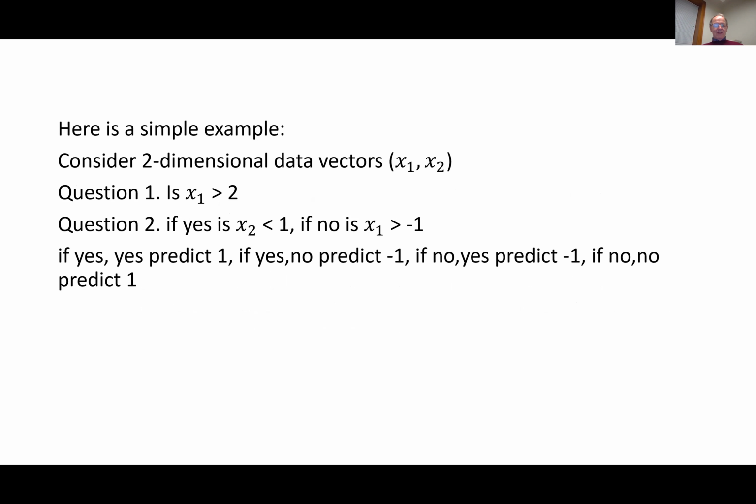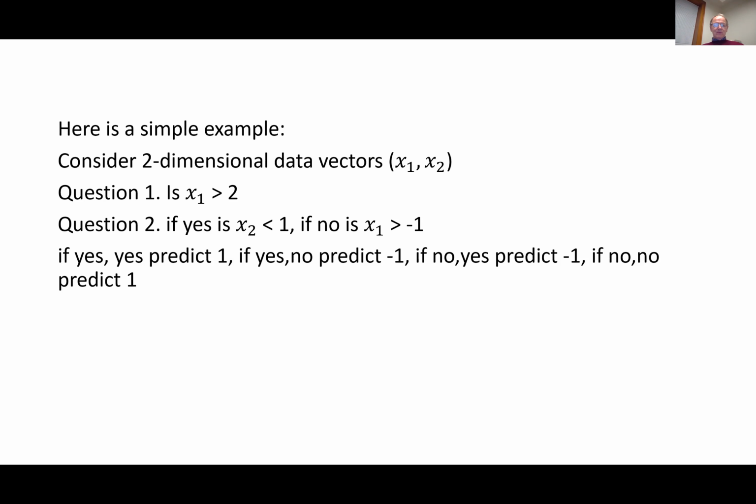Suppose we have just a data vector with two coordinates, x1 and x2. The first question we could ask is, is the first coordinate x1 bigger than 2? If it's bigger than 2, we'll go in one direction. If it's less than or equal to 2, we go in another direction.